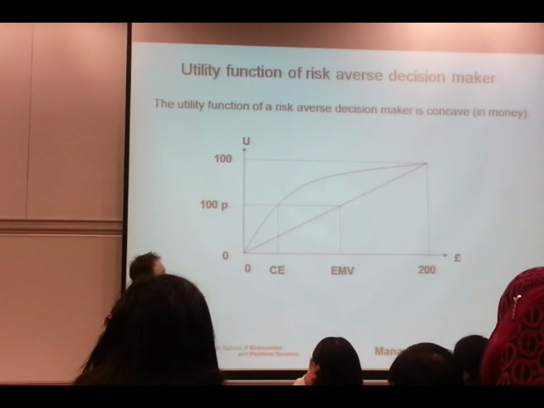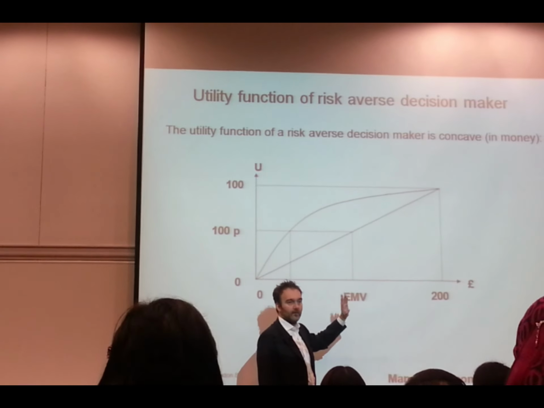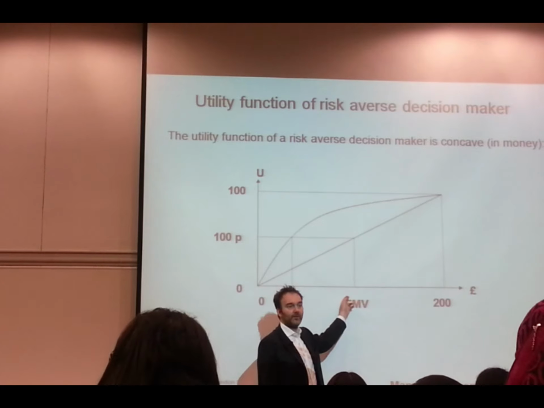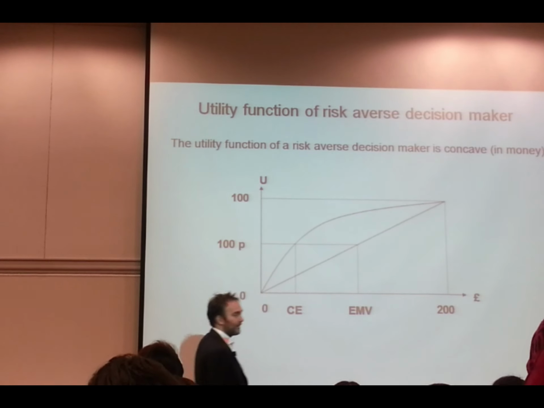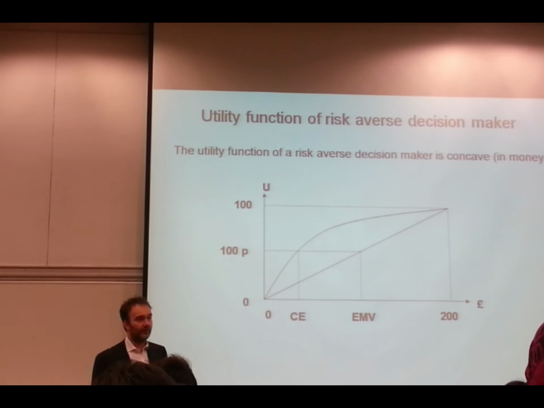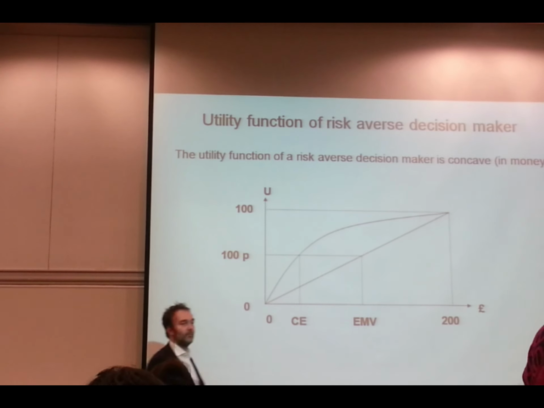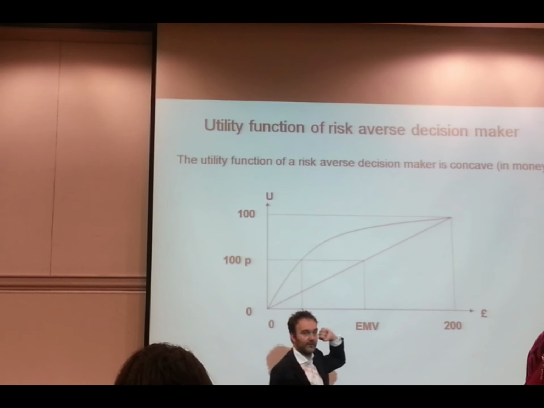So the curved line tells me something. It tells me if I give you an amount of money that's equal to the expected monetary value of the lottery, where is that going to put you in utility terms? Unfortunately, I'm not 2 meters tall, but it basically puts you up here on this utility function.